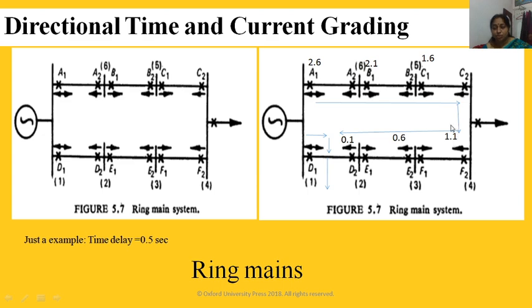If this fails to operate, C1 will operate with added time delay. If C1 fails to operate, B1 will operate with added time delay 2.1. The last backup is the source backup, that is A1, which will operate with time delay 2.6. Like this, in one direction we have done time grading, for the other direction you have to do it.